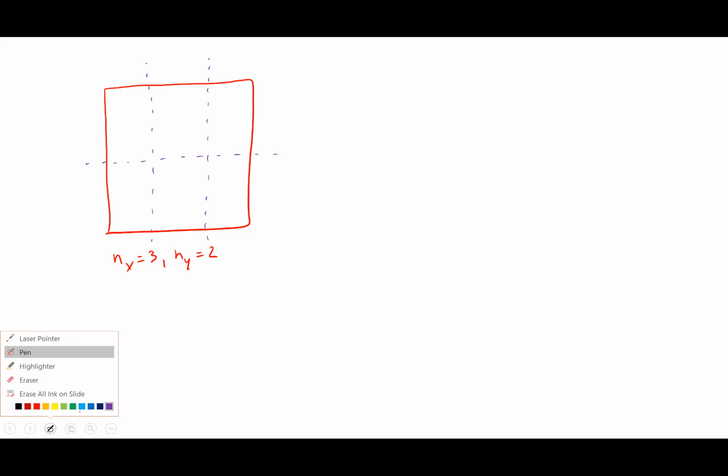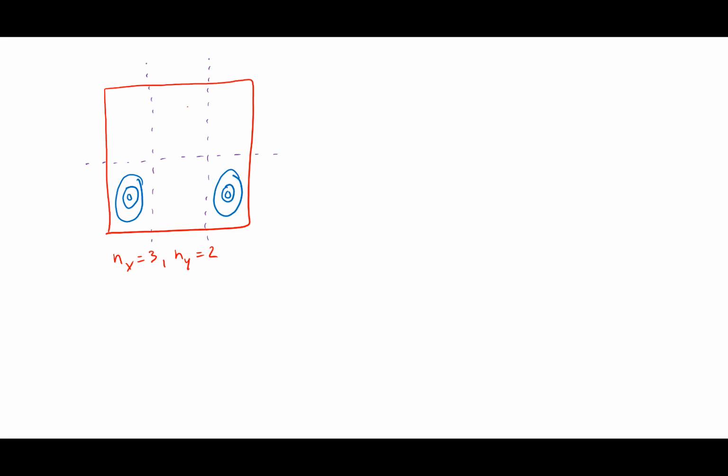And so now we can draw in our hills and valleys. So we're going to have a hill here, because this is going to be our starting point. So there's going to be a hill here. We're going to have a hill here. And then we're also going to have a hill here in this case, because we're going to have to switch at every node to valleys. So we're going to have a valley right here. We're going to have a valley right here. And then we're going to have a valley right here. All right, and that's what the 3, 2 looks like.